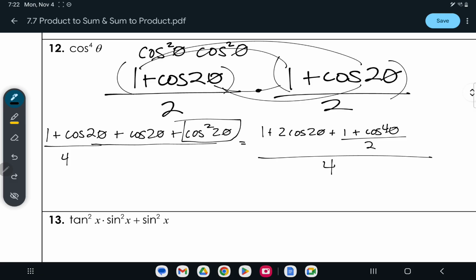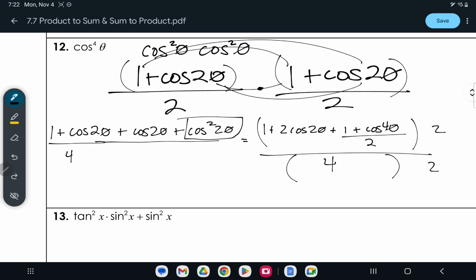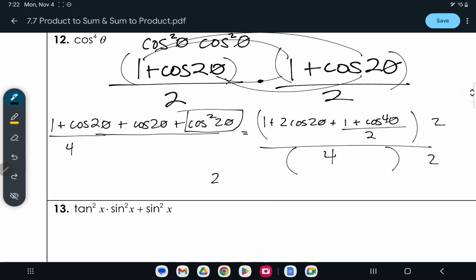To get rid of this fraction, instead of trying to get a common denominator of 2, I can multiply everything by 2. Okay, so I get 2 plus 4 cosine 2 theta plus 1 plus cosine 4 theta all over 8.